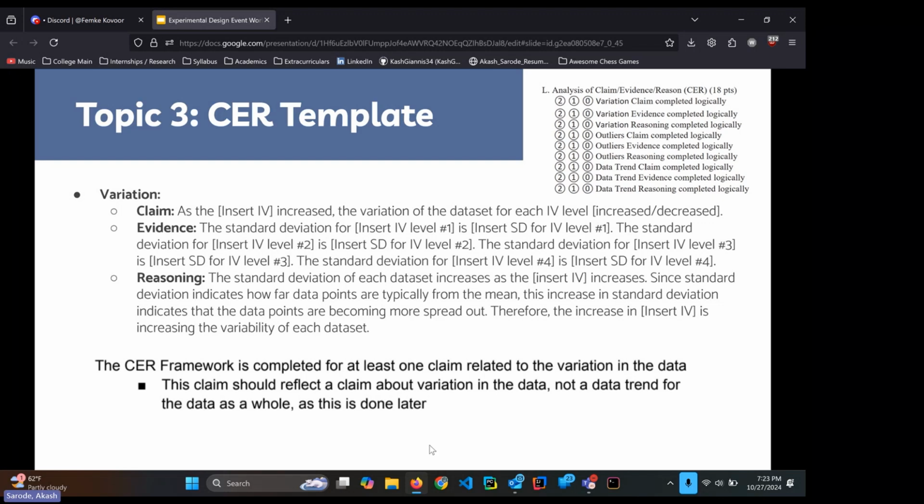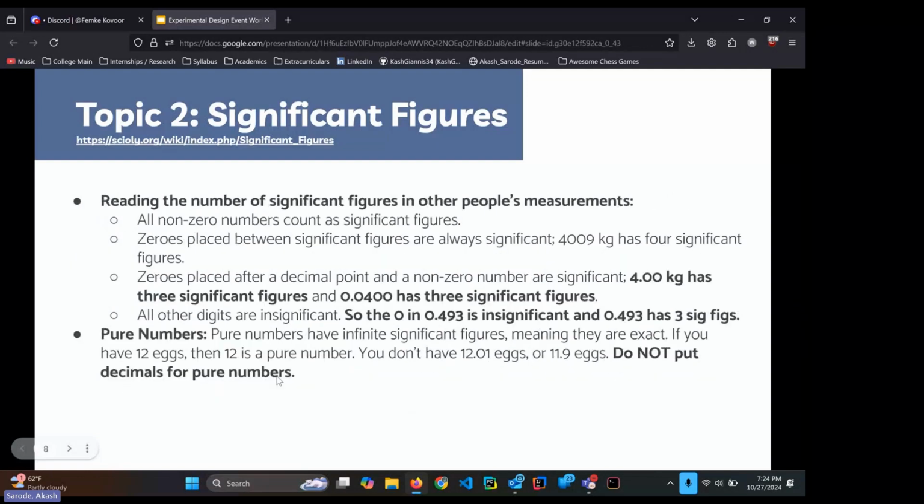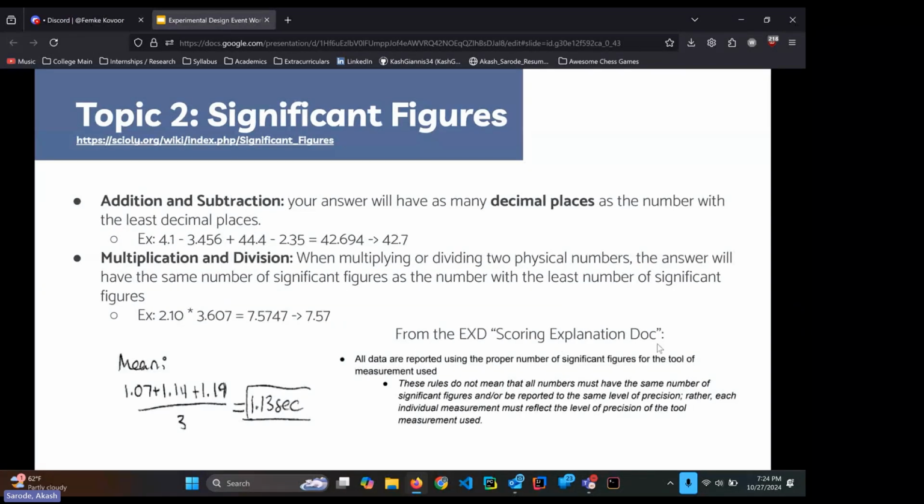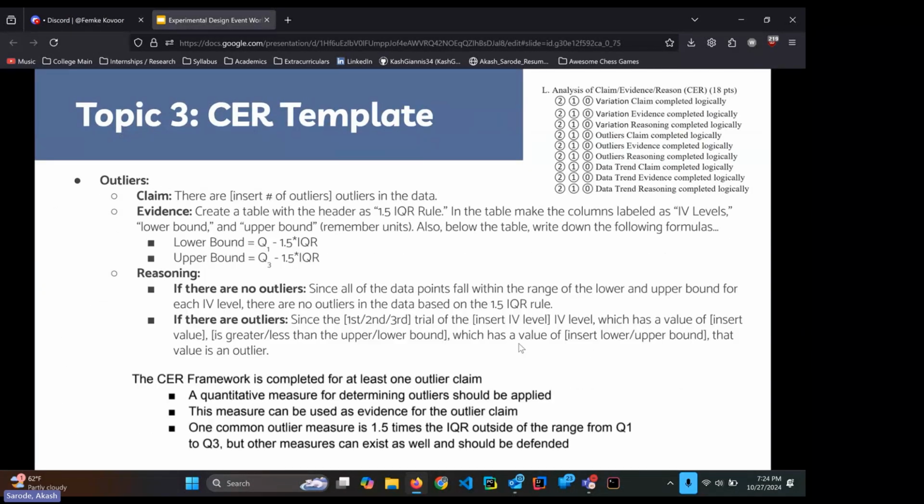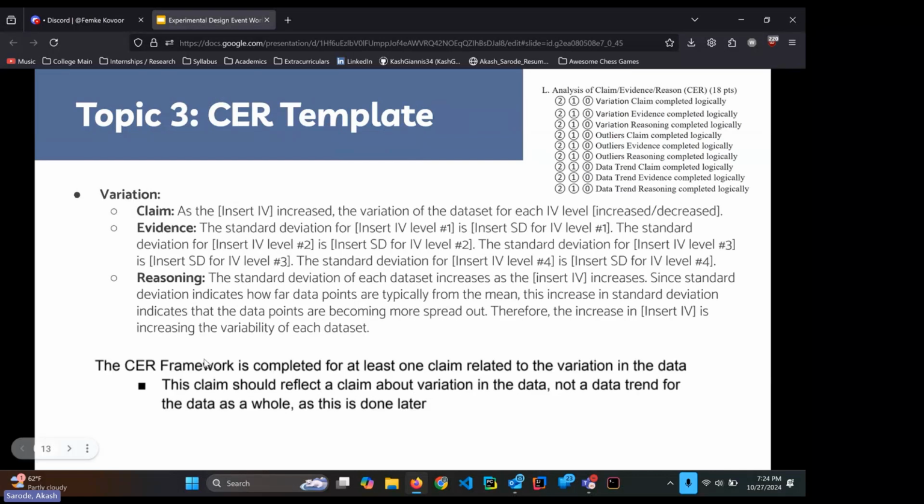And if you look at the experimental design scoring explanation doc, it actually says that you don't need to do this.